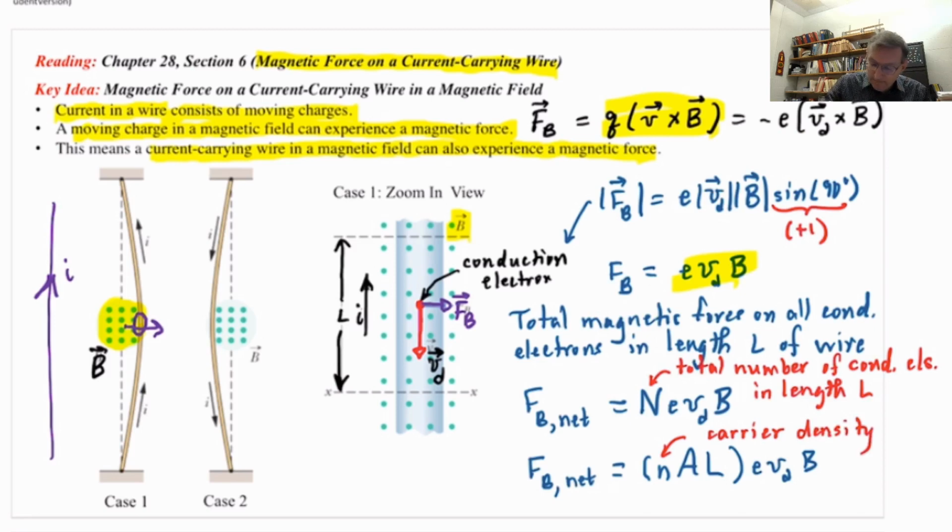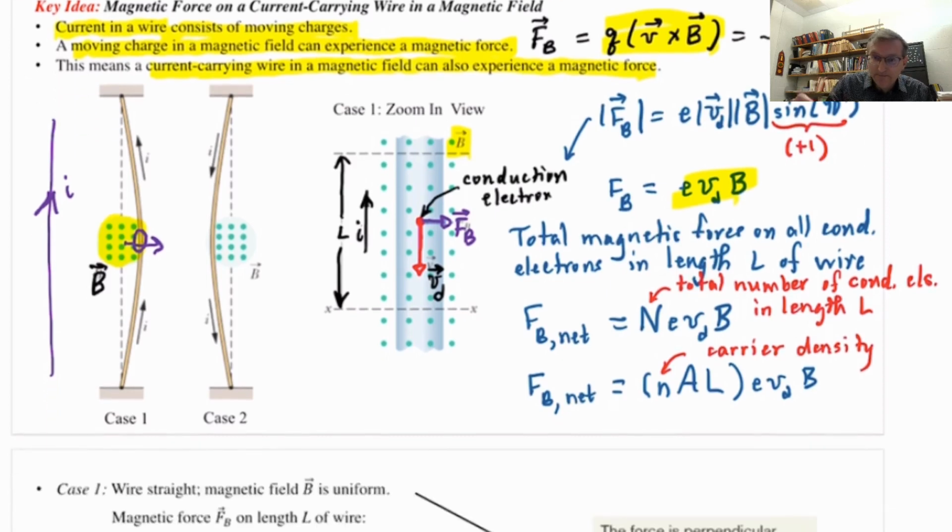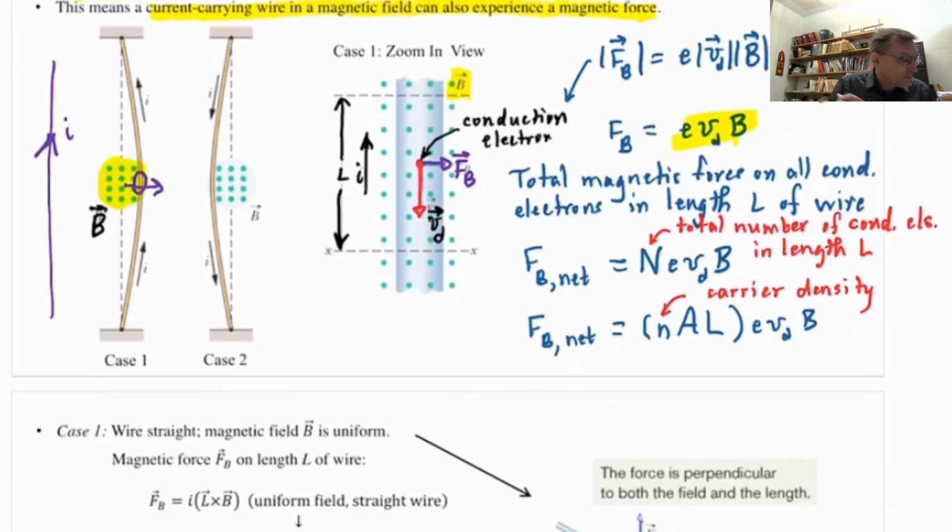All right, now let's go down here a little bit more. Now I'm just going to do some grouping. I'm going to take the cross-sectional area of the wire times the length L, and then gather together the carrier density, the charge magnitude of the carriers times the drift speed, and then B. Those things are all multiplied together.